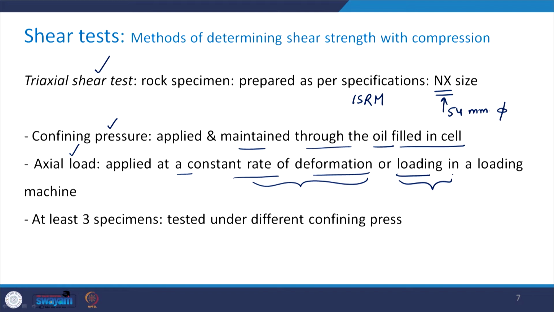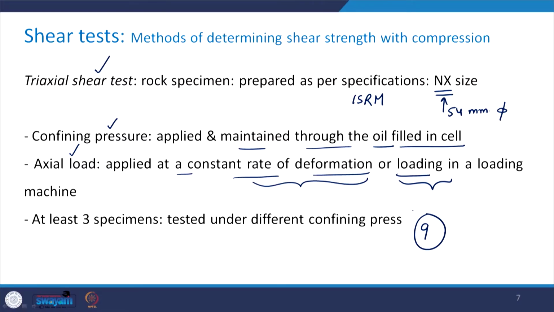In this case, at least 3 specimens should be tested under different confining pressure. So, minimum of 3 specimens, but if you recall, we had the discussion in the previous class that when the rock is having more heterogeneity, then we should have at least 3 specimens for each confining pressure, and minimum 3 confining pressures are needed.